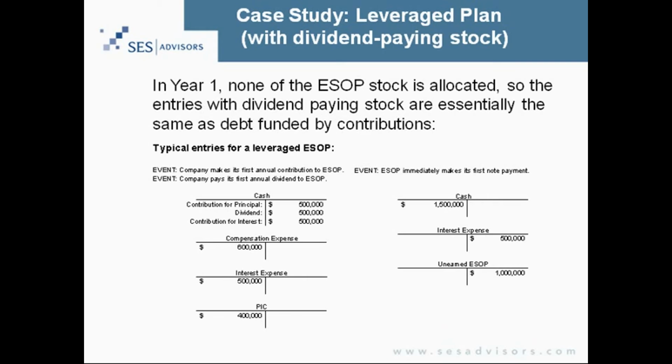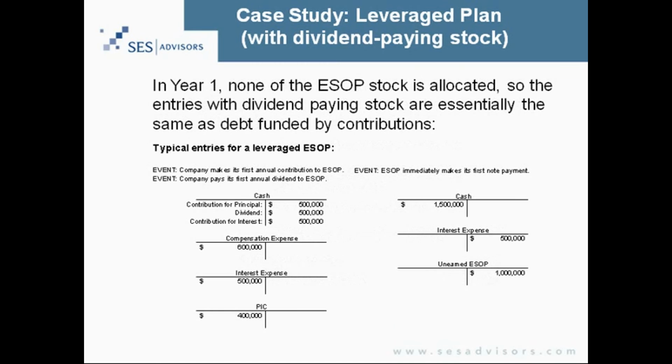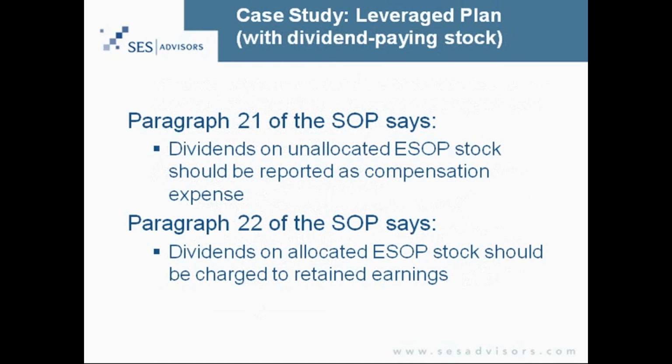In our example, we have the same $600,000 compensation expense, the same $500,000 interest expense, $400,000 paid in capital adjustment, really no different there than the first example. Same interest expense and cash outlays. Just going back to a point on this slide, paragraph 22 again, dividends on allocated stock are charged to retained earnings.